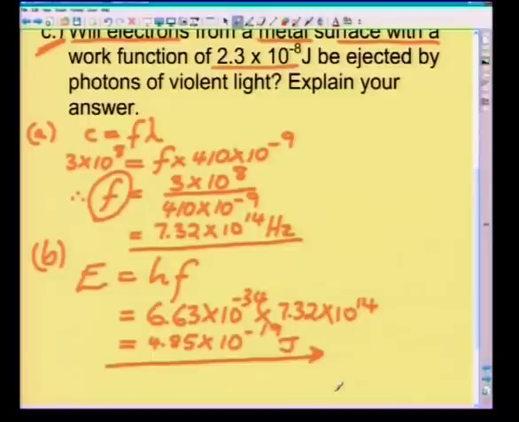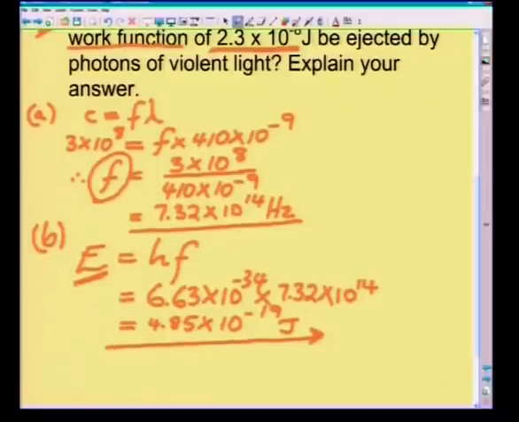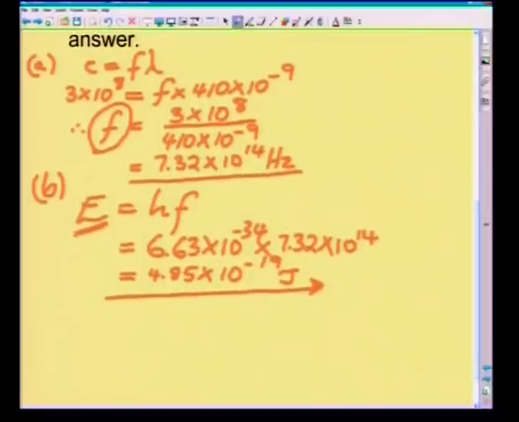Which number is less than the other? The energy of the photon of violet light is less than the work function of this metal, which is much bigger than the energy brought by one photon of violet light. So what is going to happen there?